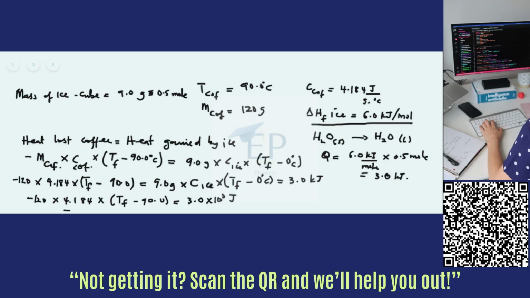Therefore, TF minus 90.0 will be equal to 3.0 times 10 raised to the power 3 divided by 120 times 4.184 joules.